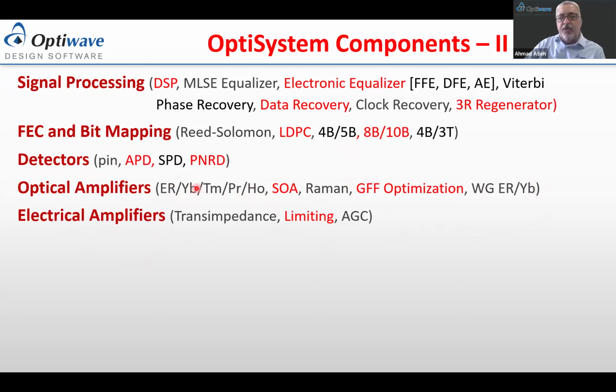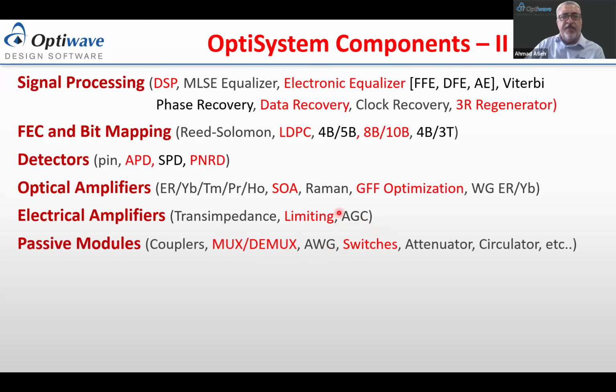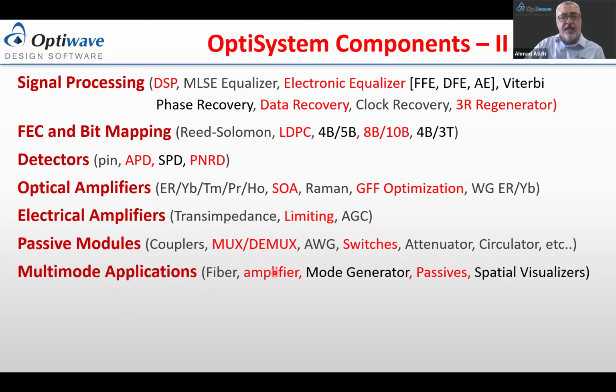Electrical amplifiers, we support transimpedance amplifiers, linear regime or nonlinear regime, as well as automatic gain control and limiting amplifiers. Passive modules, any components you could think of are available in OptiSystem, from couplers to muxes to arrayed waveguides. All of these models are analytical models. Some of them you can load your own measurements and use in the circuit.